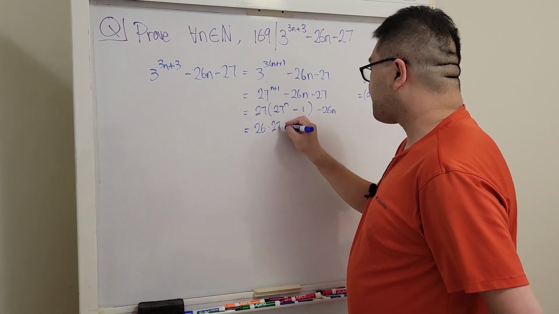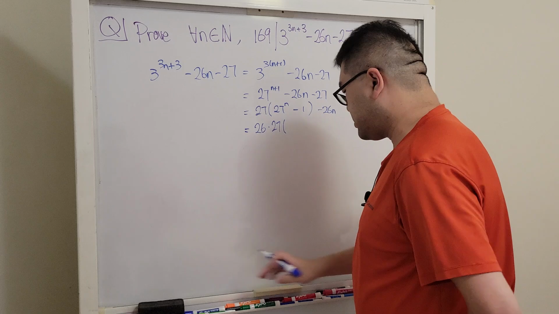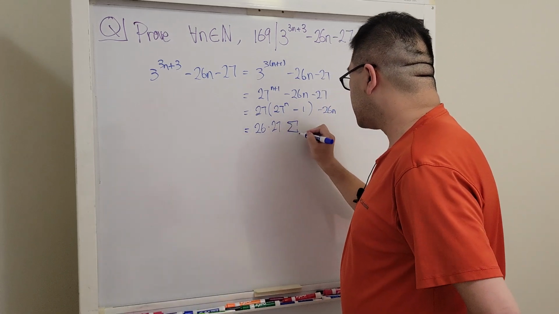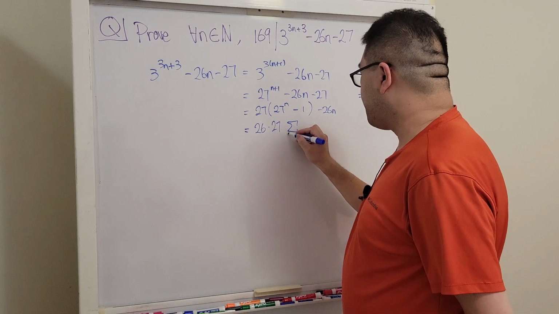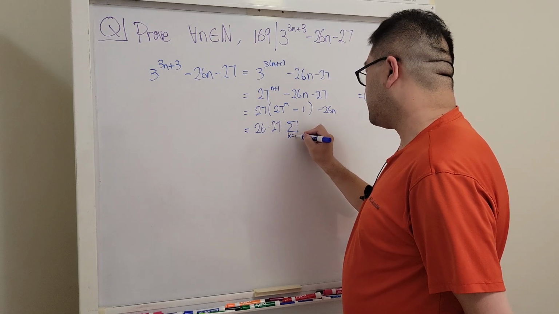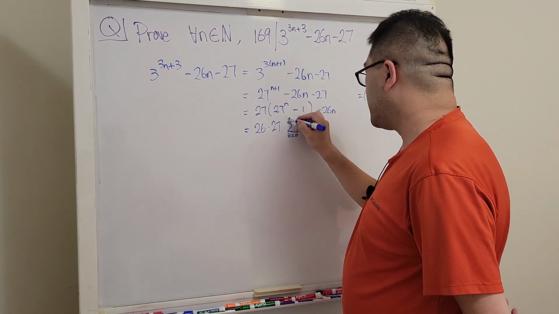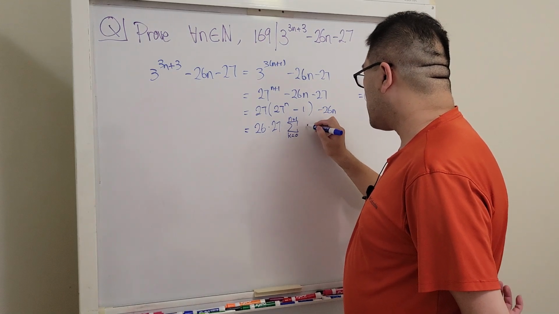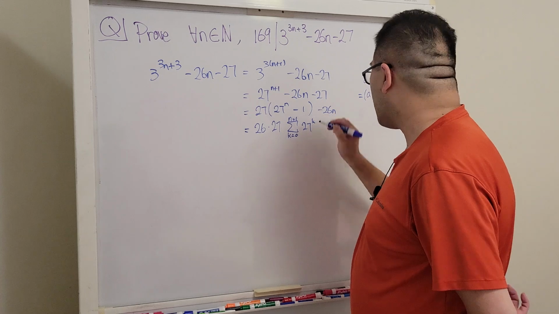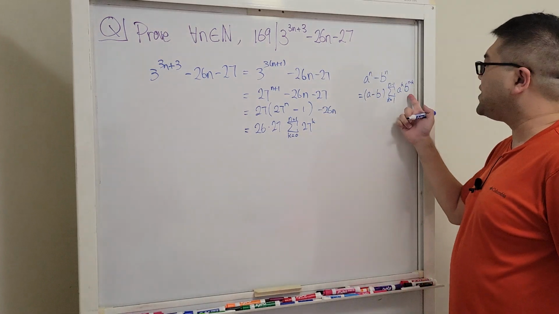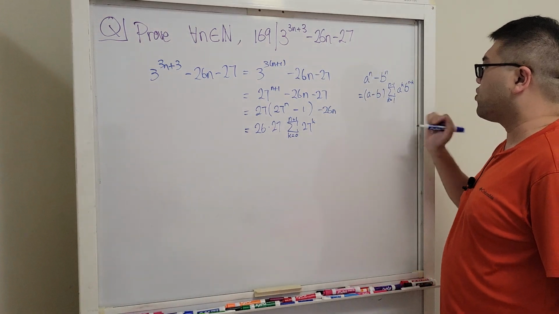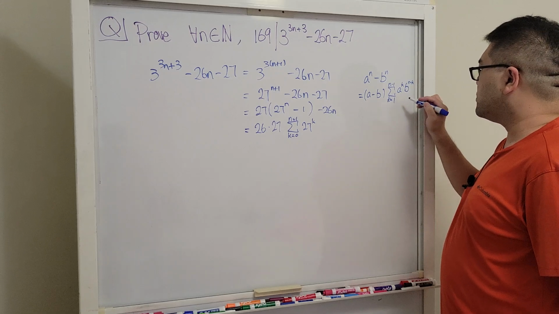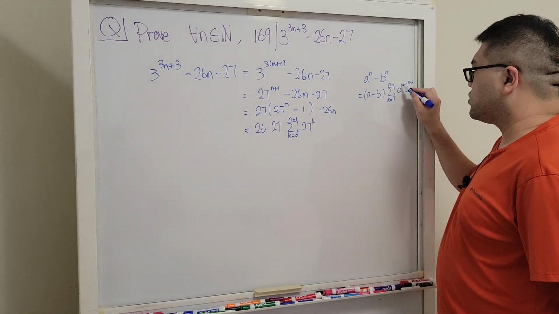And for the remaining part, we'll get the sum from k equals 0 all the way up to n minus 1 of 27 raised to the kth power. Here b is just equal to 1, so we can ignore it.